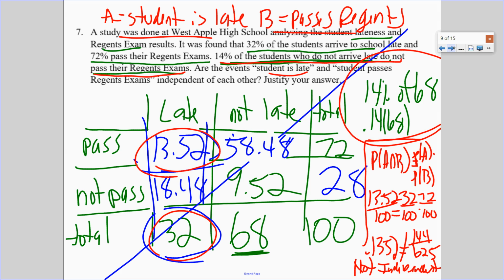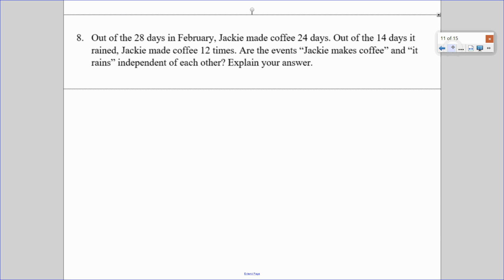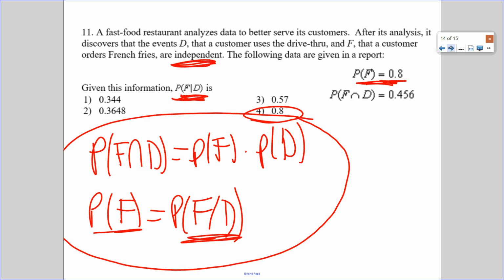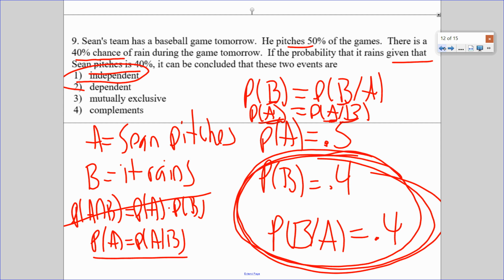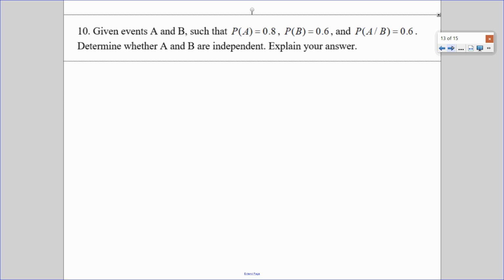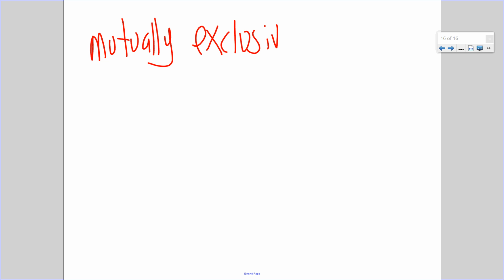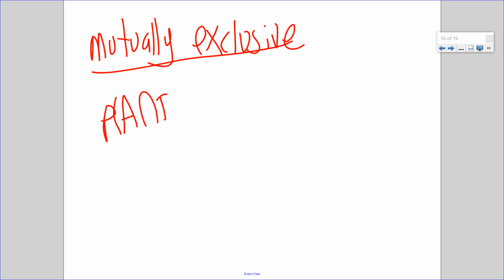But later on, that stuff obviously you need to be able to do as well. Just one thing I want to bring up that comes up in a couple of these questions: mutually exclusive. Mutually exclusive means that P of A and B equals 0.